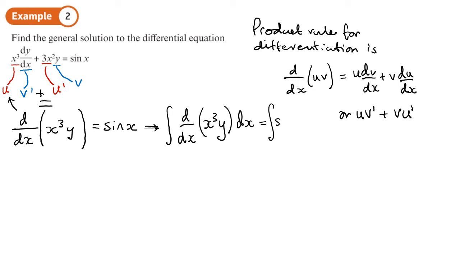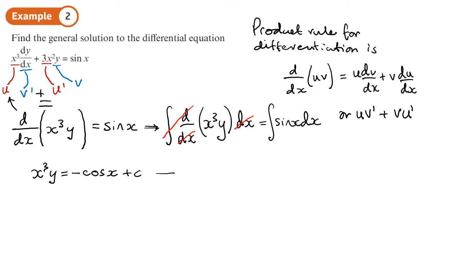So this will be sine x dx. This cancels out, this cancels out, just leaving x cubed y equals what we get when we integrate sine x, which will be negative cos x plus c.